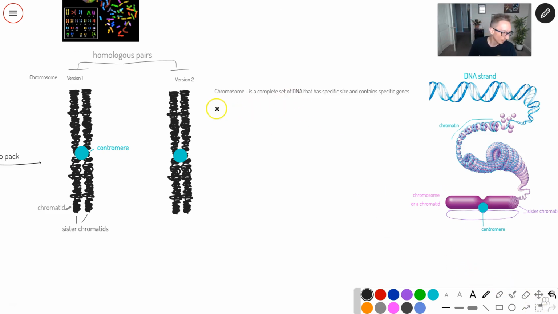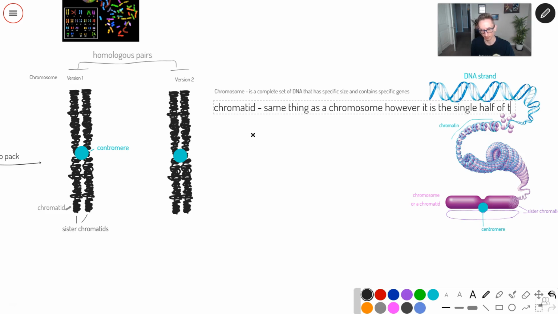All right. A chromatid is the same thing as a chromosome. However, it is the single half of a duplicated chromosome. That makes sense.